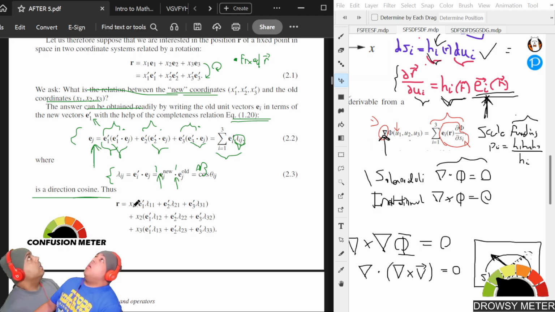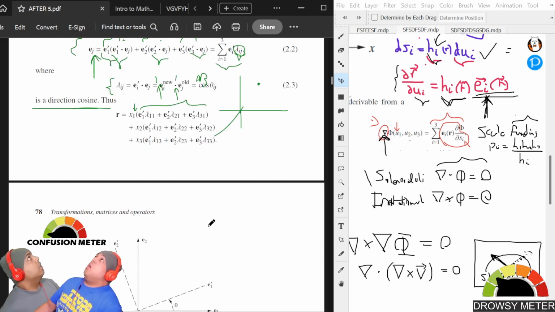Thus r equals, okay, r, that's just a point in space. r equals x1 e1 plus x2 e2 plus x3 e3. The position vector equals x1 times this, x2 times this, x3 times this.